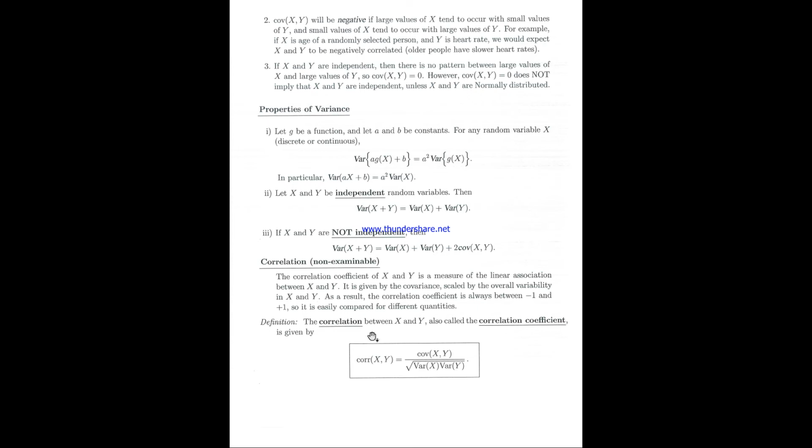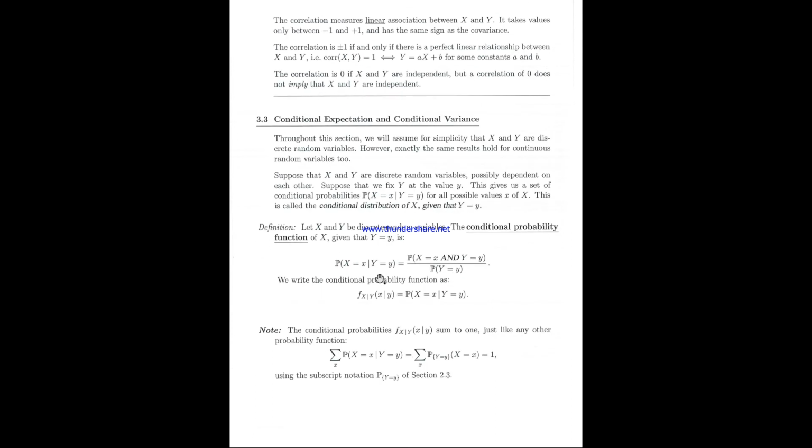If you want to calculate the correlation of any two random variables, it is equal to the covariance of xy divided by the square root of the variance of x times the variance of y. We don't talk about the correlation that much in stochastic processes, but since we discuss covariance, you can calculate the correlation value as well.